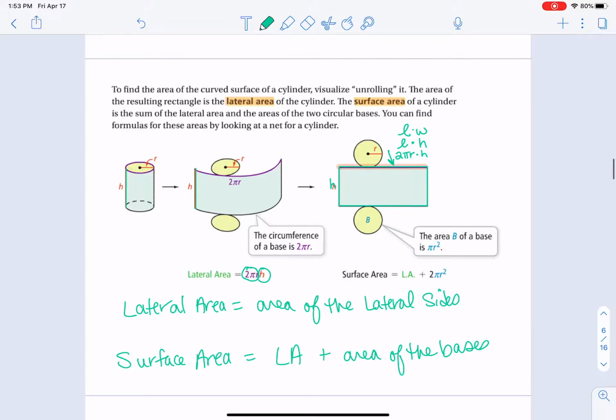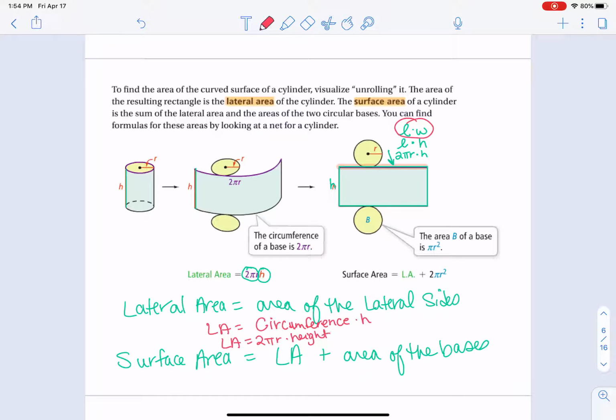So if you would rather write lateral area, I'm going to switch colors, as it's still the area of the sides, but the area of the sides is length times width, and that length is the circumference. So some people write it circumference times height, or some people write it circumference, which is 2 pi r times height.